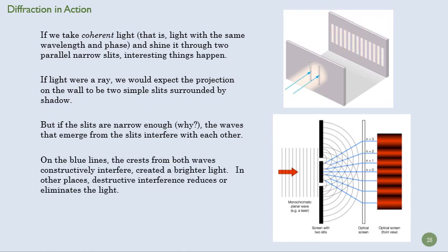Now, why does that happen? Well, think about the wavelets being created. My light hits here. There's a disturbance right here that creates this set of semicircular wavelets. There's a disturbance right here that creates that semicircular set of wavelets.